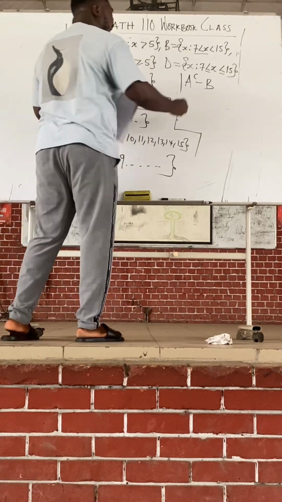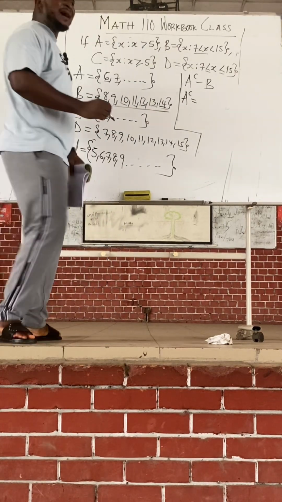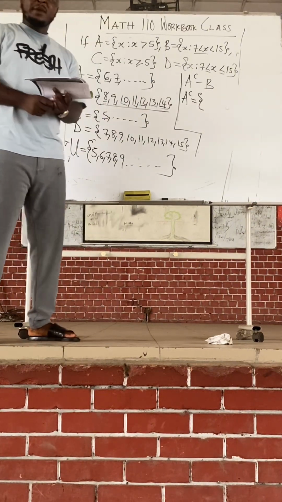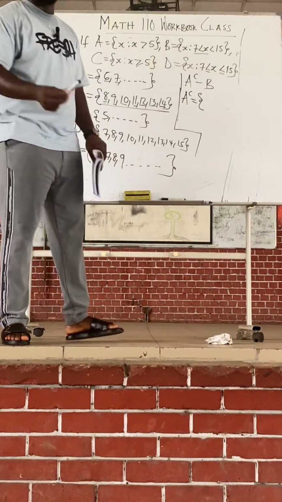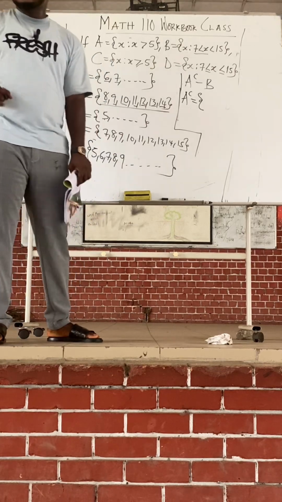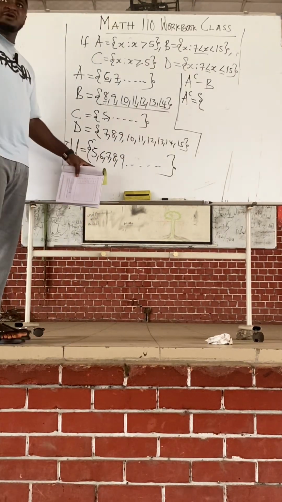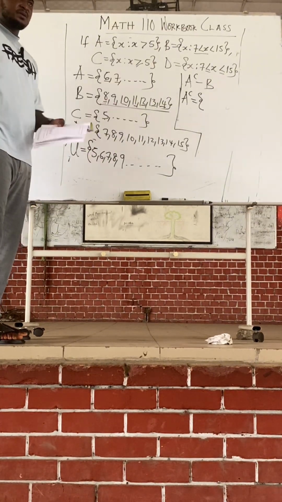Class, we need to find A complement. The complement of a set are elements or members in the universal set that are not found in the set. Class, what number is inside here that is not in A?